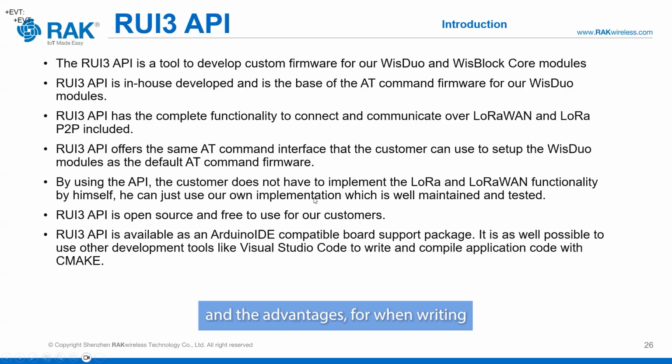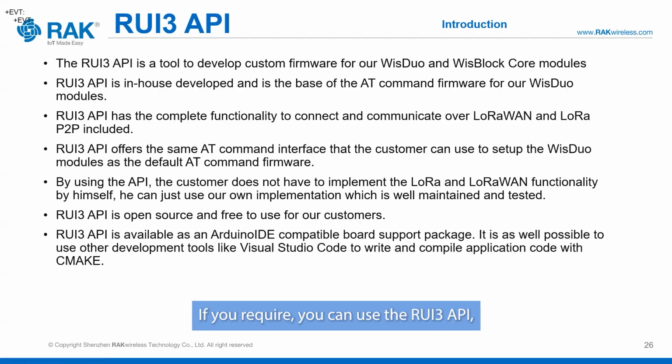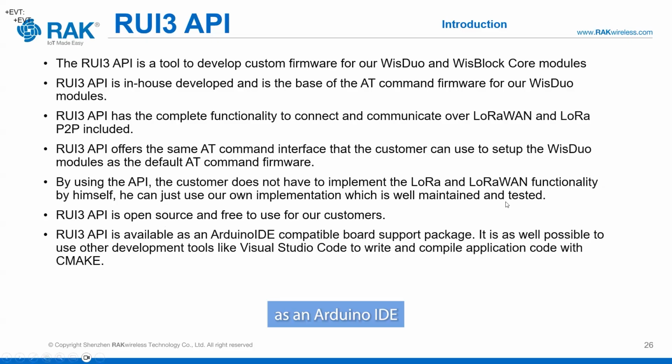And the advantage when writing a custom application is that the customer does not have to implement the LoRa and LoRaWAN functionality by himself. RUI3 is completely open source. It is available on GitHub, and you can use it for free, and you can customize it for your own needs if you require. You can use the RUI3 API as an Arduino IDE compatible board support package.